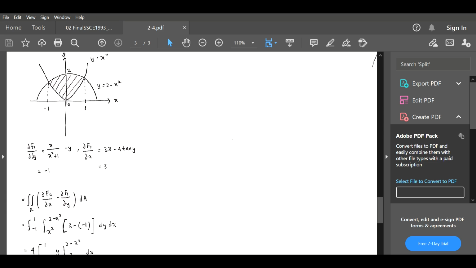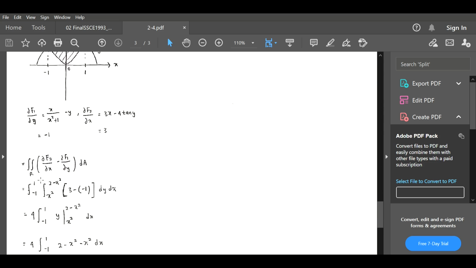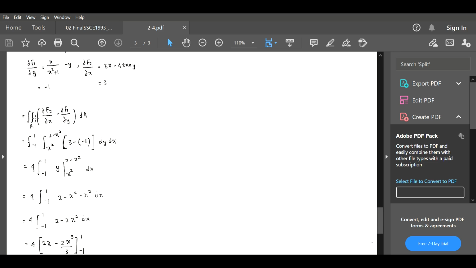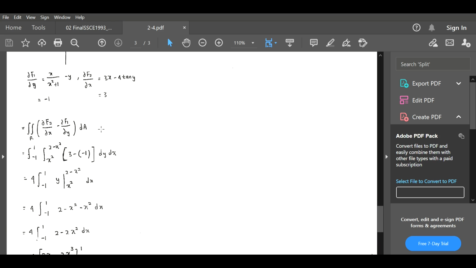So I figure this out first to make it easier here. Okay, then delta f1 over delta y, delta f2 over delta x, and then we substitute into the equation of Green's theorem.